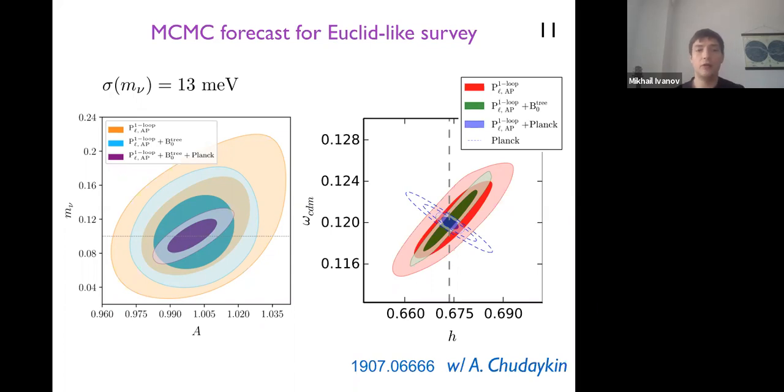Then, if you combine it with the bispectrum data, in principle, you'll be able to reduce the error bars by 30%, down to something like 20 milli-electron volts. And of course, when you combine the full large-scale structure data with Planck, you'll get to the final constraint, which is a 1 sigma error bar equal to 13 milli-electron volts. In other words, you'll be able to measure the minimal guaranteed neutrino mass at the 5 sigma level.